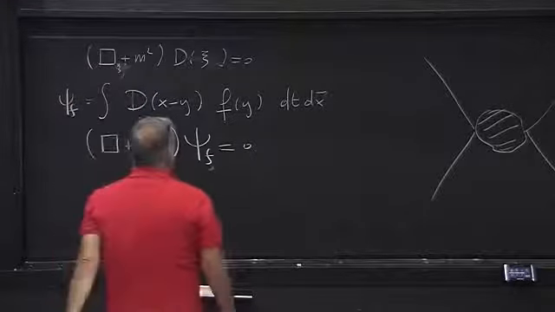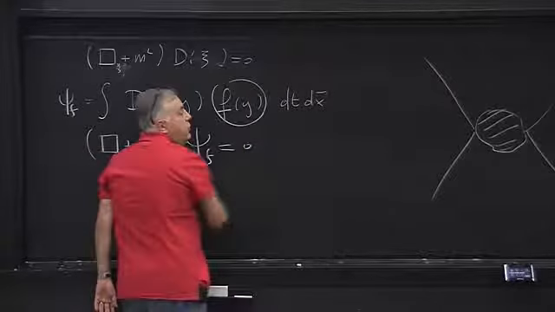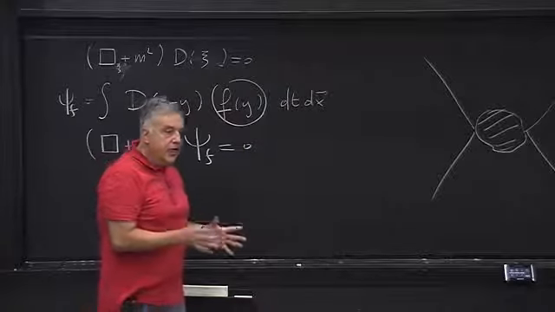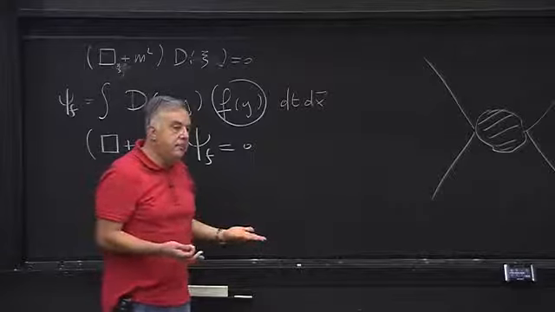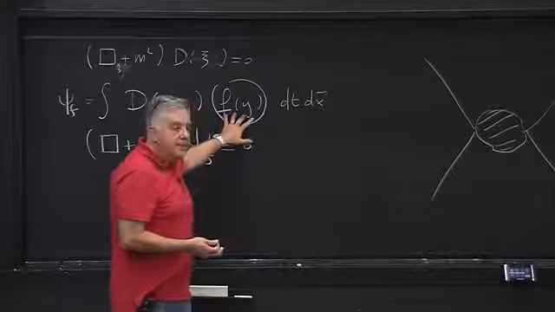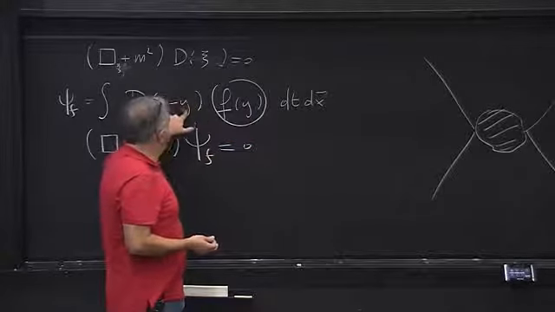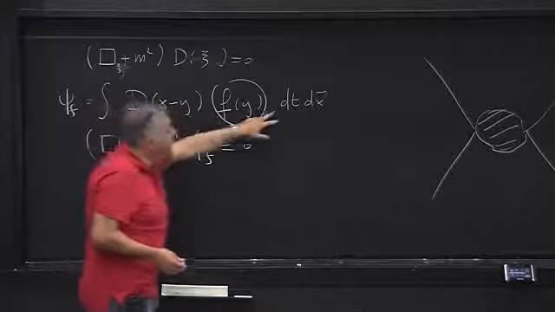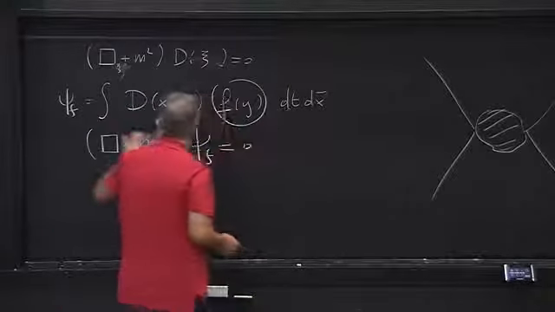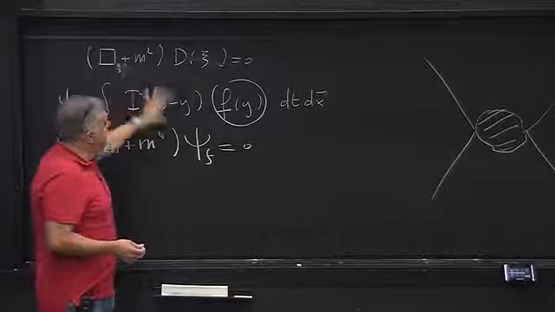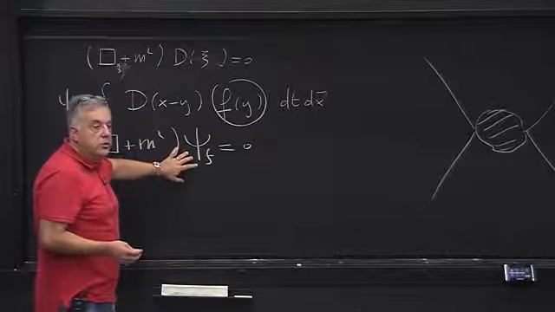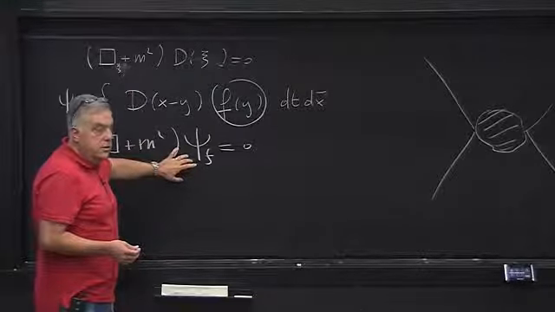Now I give to you a test function, let's call it like this. This is a function defined on the spacetime, maybe real, maybe complex. Take the convolution with the Pauli-Jordan function. Now it's the 4-dimensional convolution. It is obvious that this satisfies also the Klein-Gordon equation. You see?